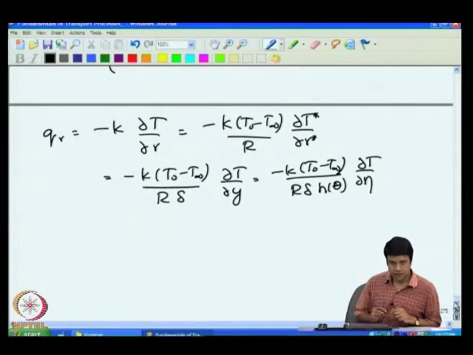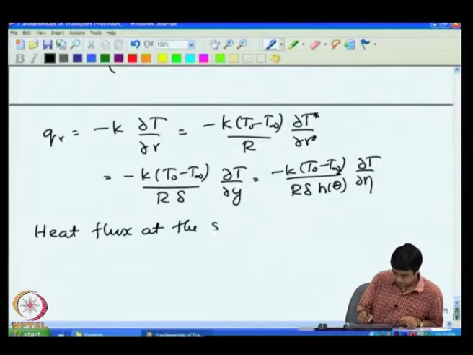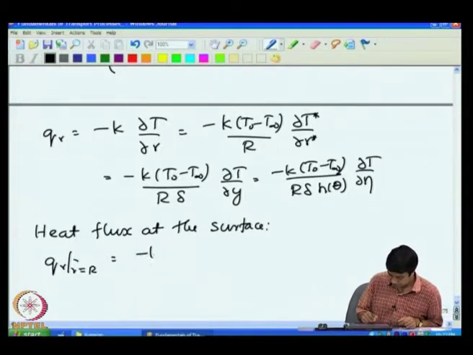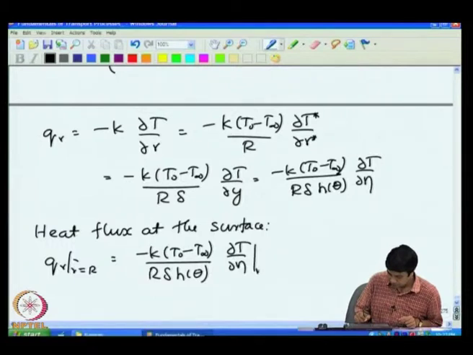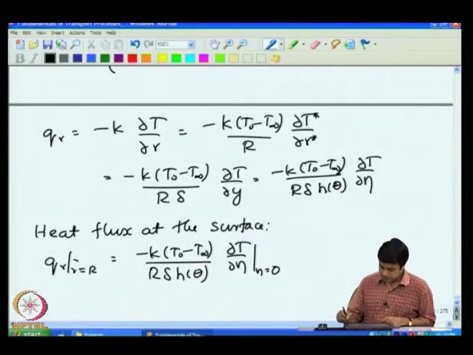The heat flux at the surface, Qr at r equal to capital R, will be equal to minus k into (T naught minus T infinity) by r delta, h of theta times dT by d eta at eta equal to 0, at the surface itself. And this we have evaluated.